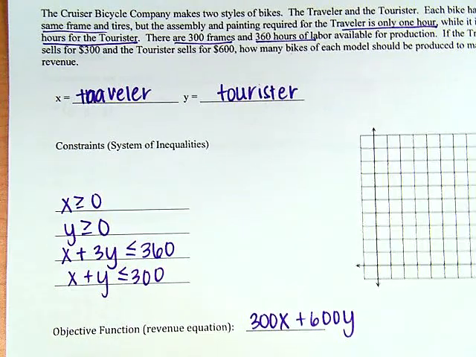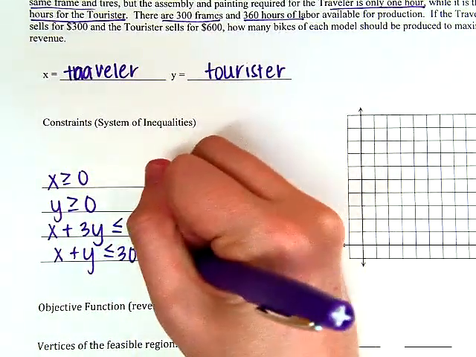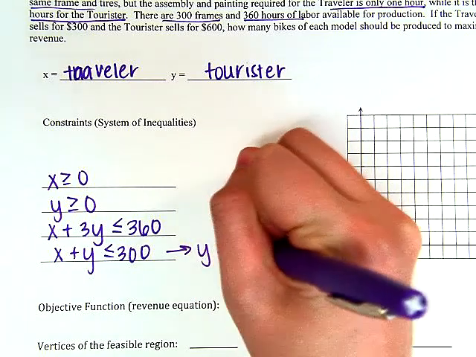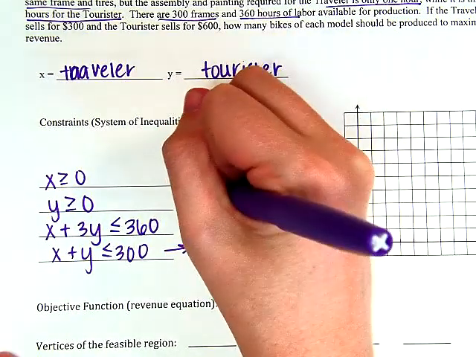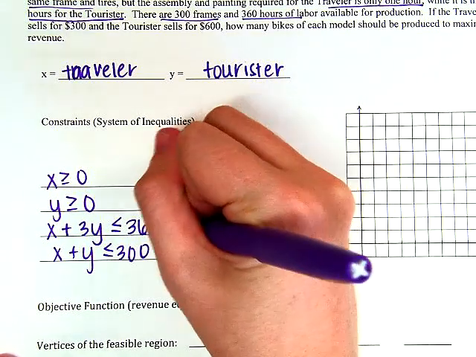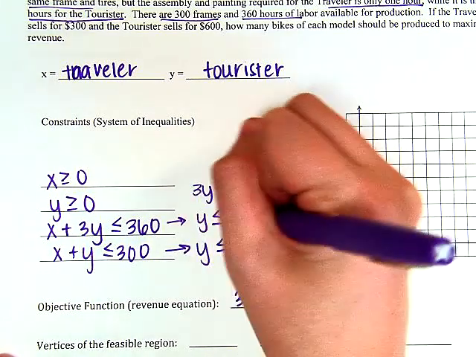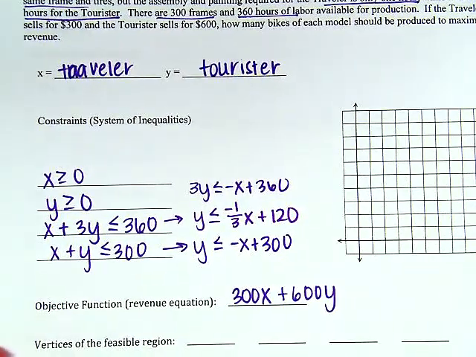So, to graph this, I need to solve for y in both my equations. This one's easy: y less than or equal to negative x plus 300. This one's a little more tricky, so when I solve, I get negative x plus 360. Then when I simplify, I get y less than or equal to negative 1/3 x plus 120.